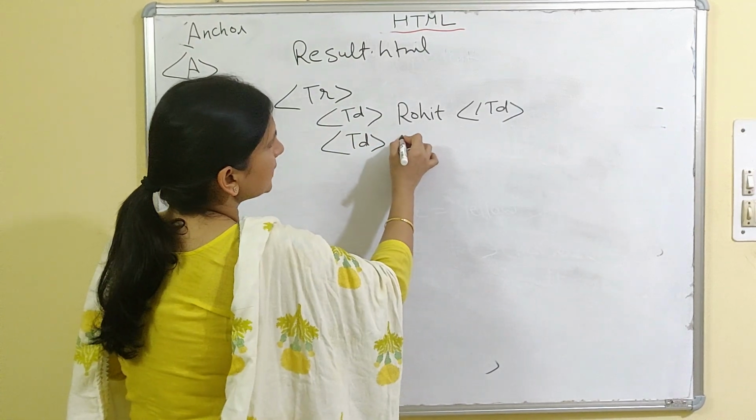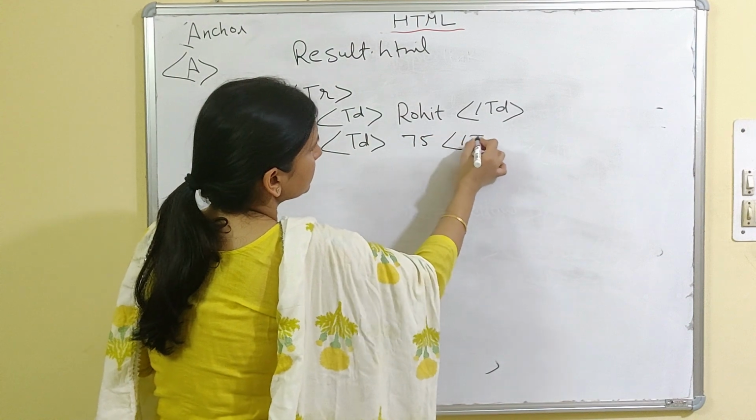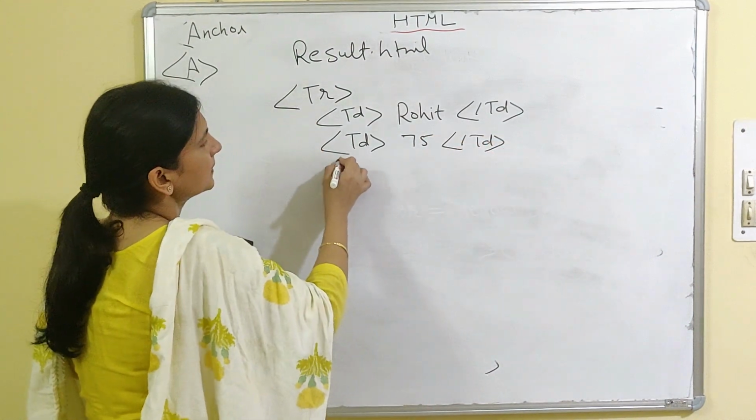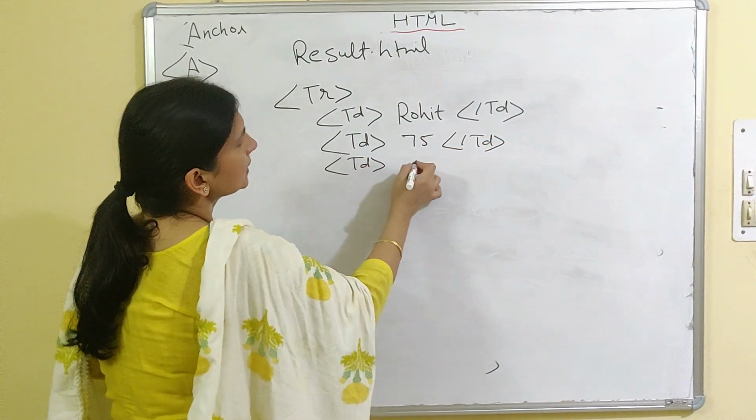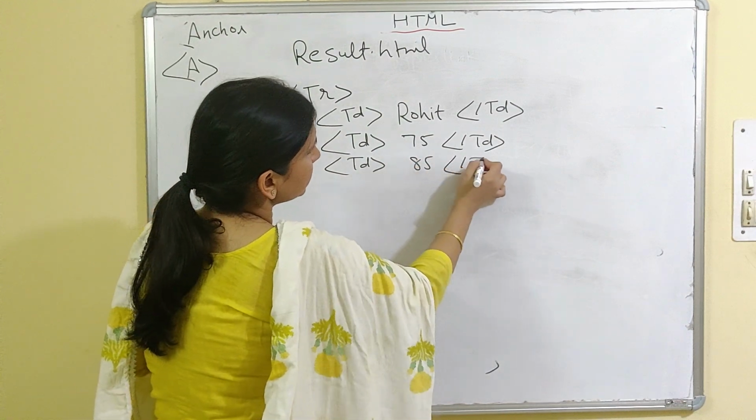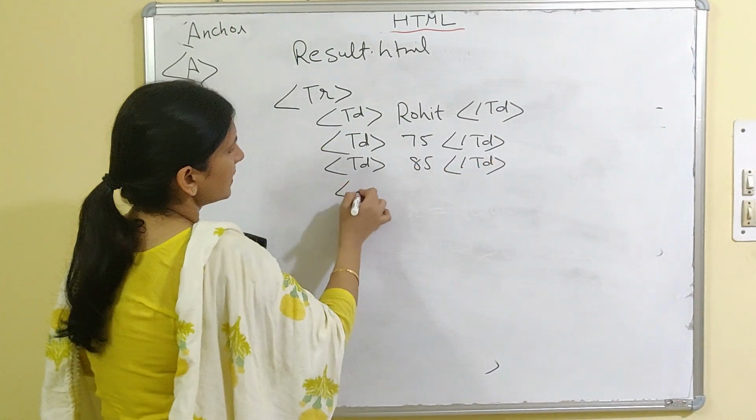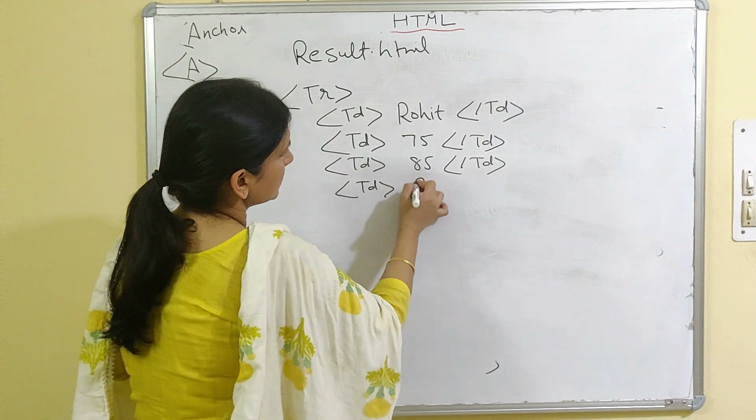First was physics, so let it be 75, fine. Then TD, chemistry 85 and maths 90.